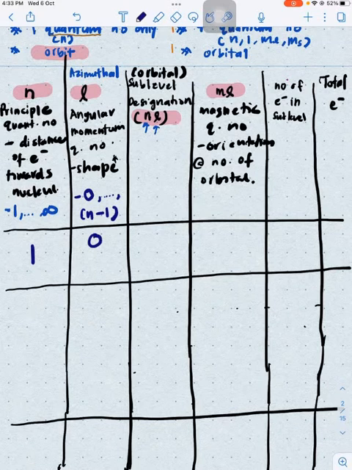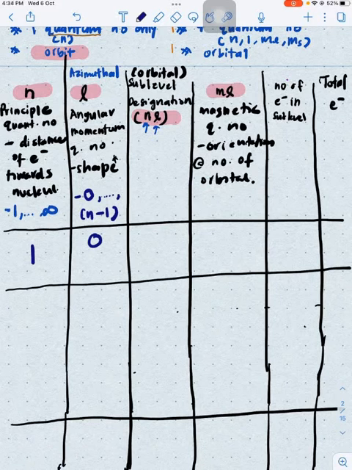Okay, and then until N minus 1. So because of N pun 1 tolak 1, kosong kan. So which means that when N is equals to 1, there is only one allowed value for L, which is 0. Got it this part class? When N is equals to 1, L is equals to 0. Sebab formula dia, L mesti bermula daripada kosong hingga N minus 1. Okay, tak apa, dengar dulu.